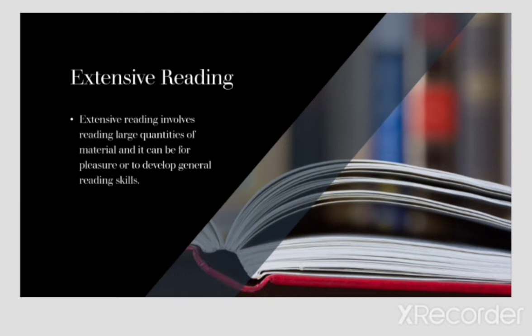So there are mainly 4 kinds of reading. They are skimming, otherwise called gist reading, then scanning, also called general reading, then intensive reading, a kind of focused reading, and the last one is extensive reading.